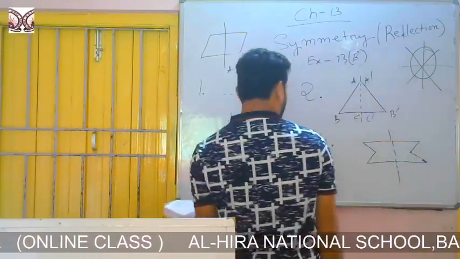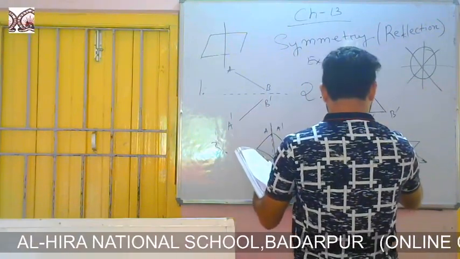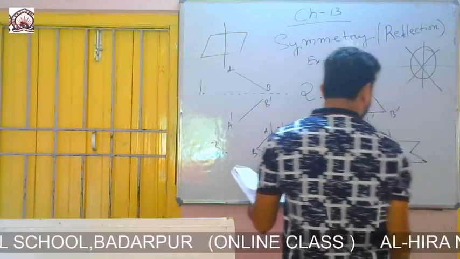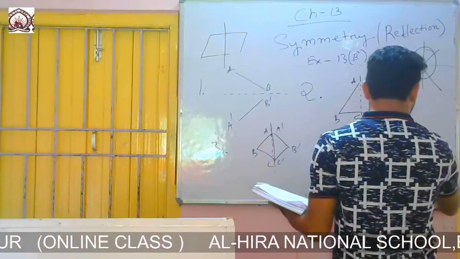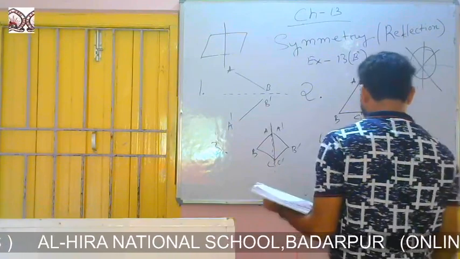Like this you will get. Then you can give the names. Here written A, B, C, D, E. So we'll get A dash, B dash, C dash, D dash, E dash.